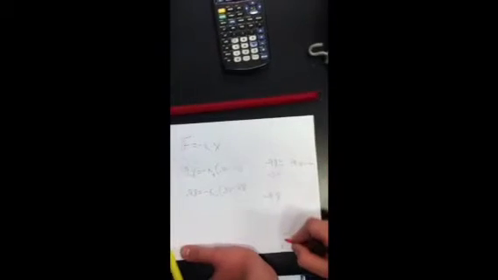And now for the white one, we do negative 9.8 over the distance stretched, which is 0.25 meters. And that equals about 39.2 newtons per meter. And that is how you calculate the spring constant for any spring.